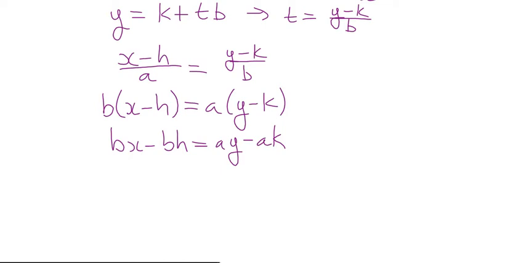Okay, now what do we do with this? We have to move them all to the left side. No, move it into Cartesian form. So that's bx minus ay equals the constant. bx minus ay equals bh minus ak.